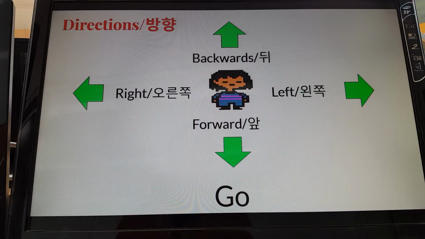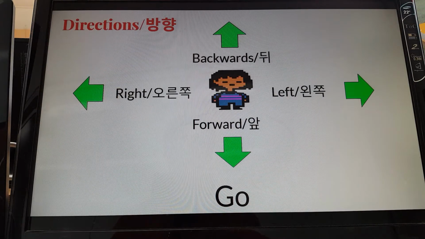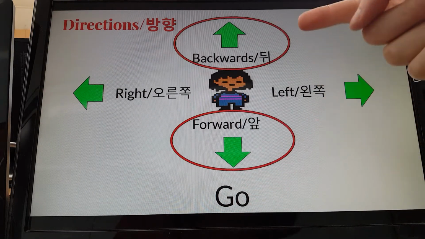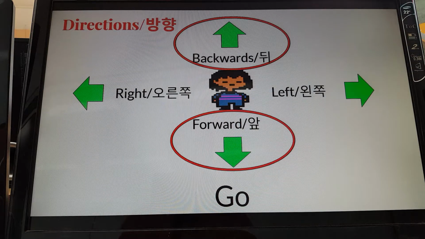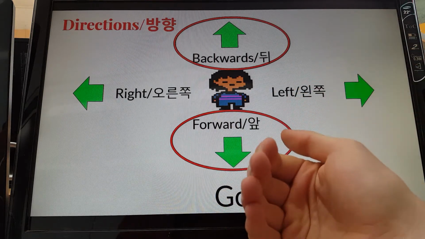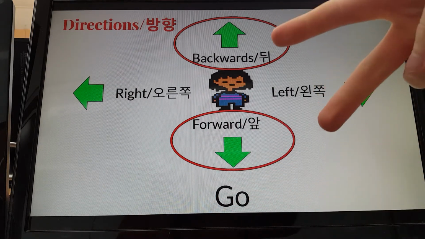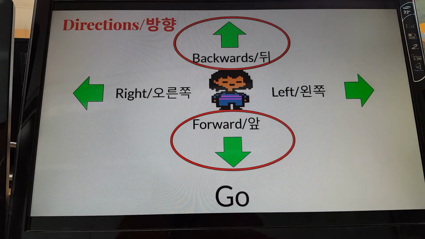All right, now let's look at how the verbs combine. So we have two verbs, go and turn. With go, you use go with forward and backwards. You go forward, go backwards. And remember that this verb combines with these two directions.